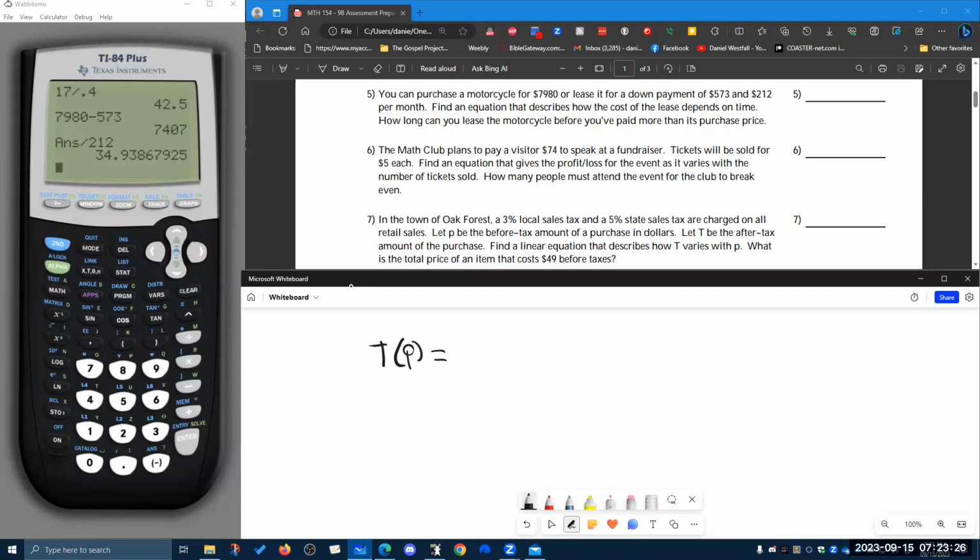Equals. So we're going to have a total of 8% tax that's charged, and we have to pay 100% of the original price as well. So we want to find the total price of something that originally cost $49.